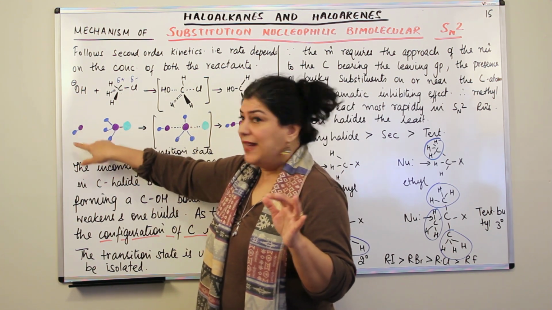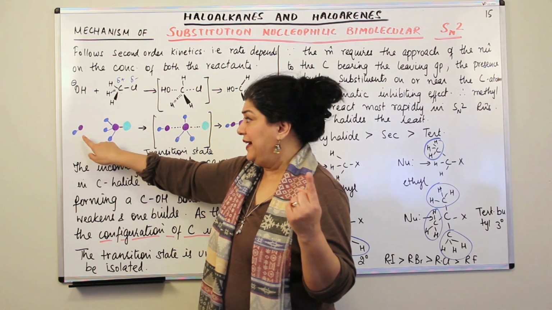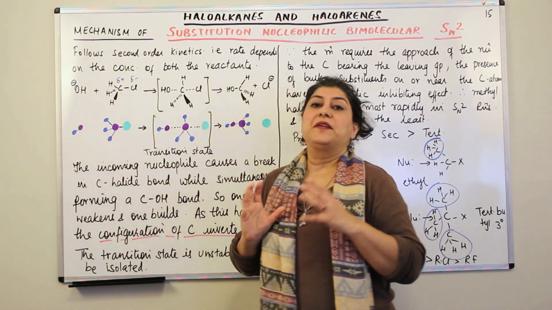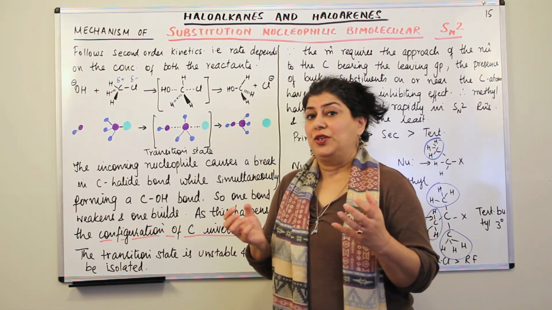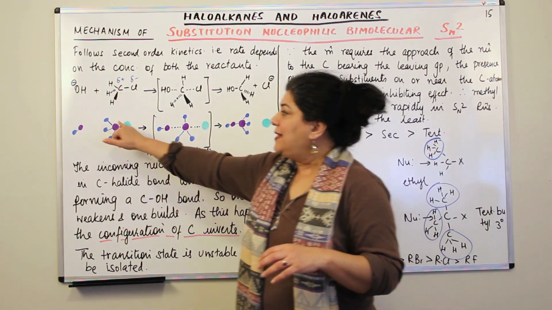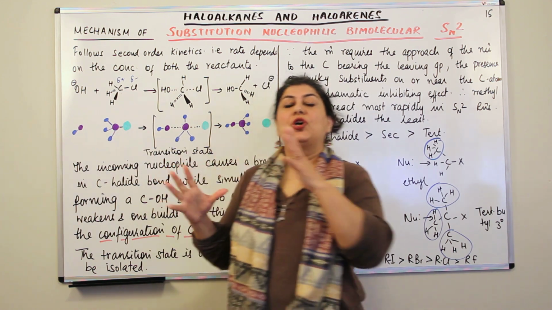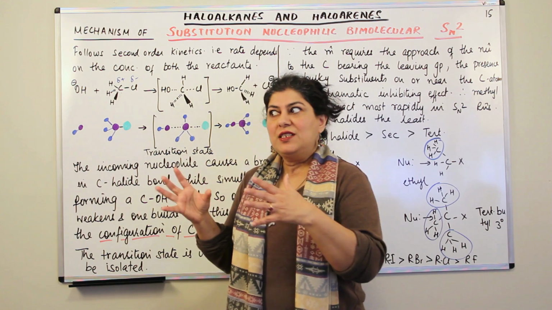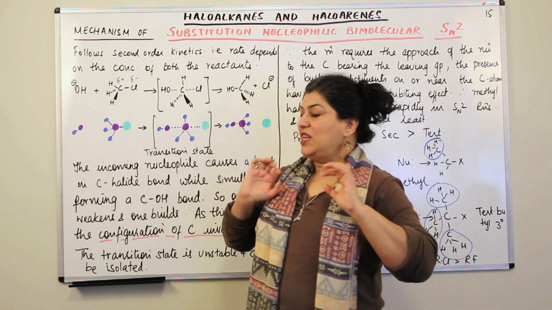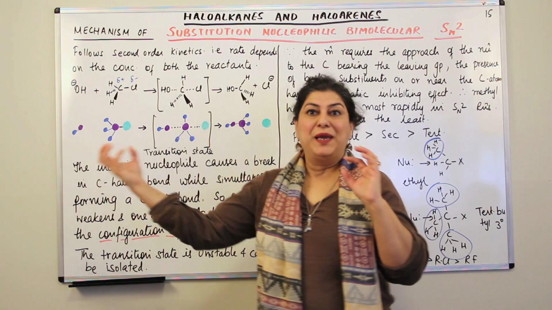So when OH negative, with its negative charge and the electrons it has, comes in, there is a repulsion of the electrons. And as a result of this repulsion, these three bonds are pushed. What is a bond? It's a shared pair of electrons. It's nothing but electrons. So this pair of electrons is pushed by that pair which is coming in.